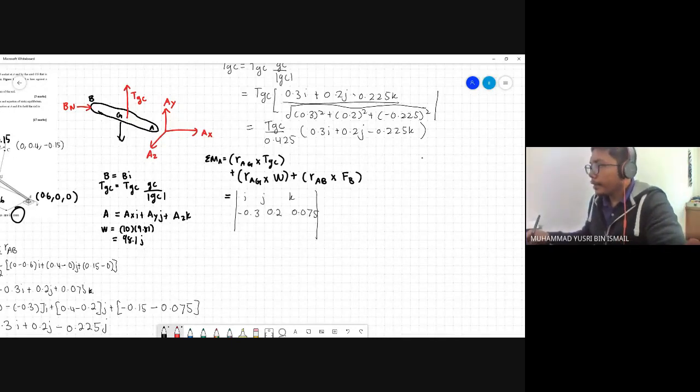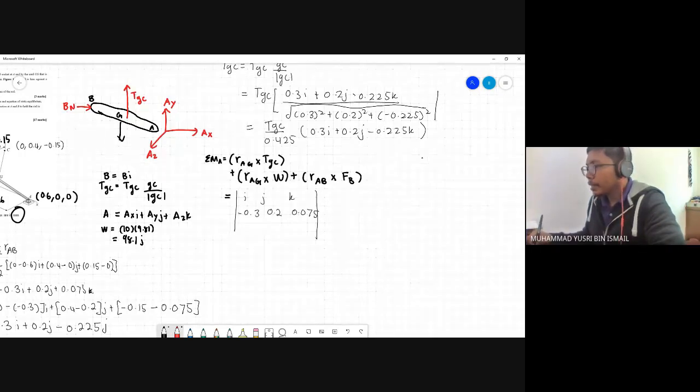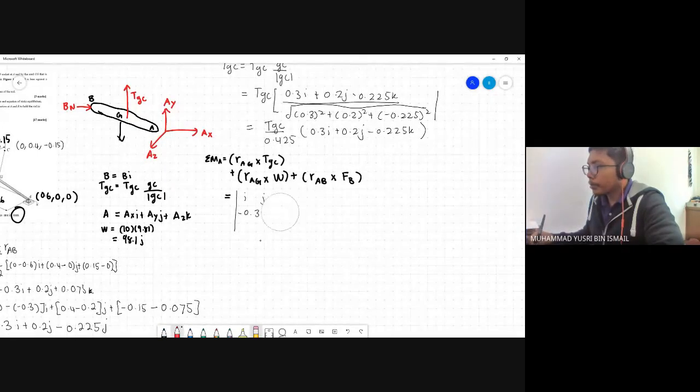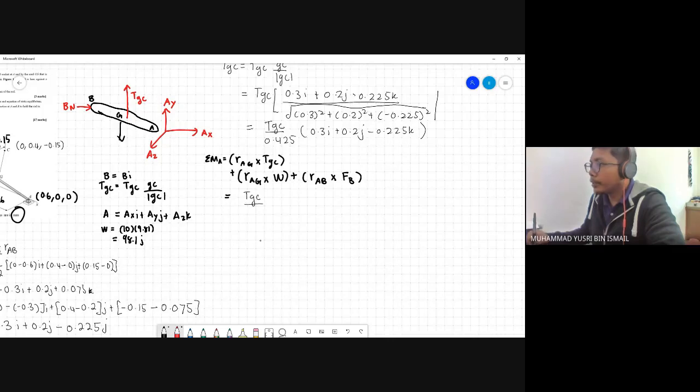Okay, and then IJK, and then TGC, RAG times with TGC. So for TGC, you put it outside, TGC over 0.425.